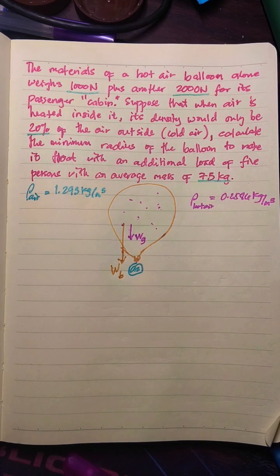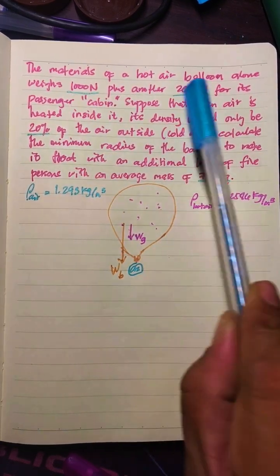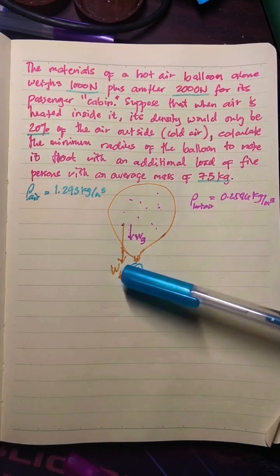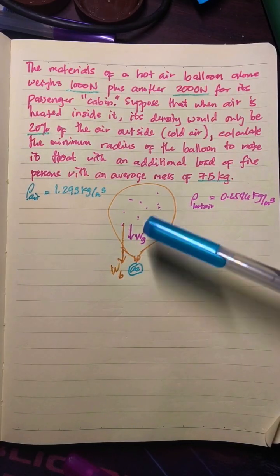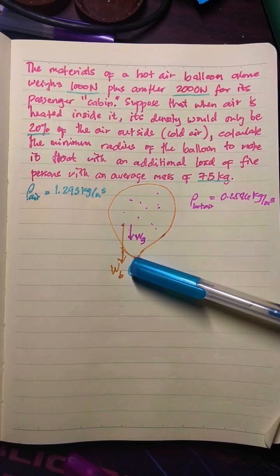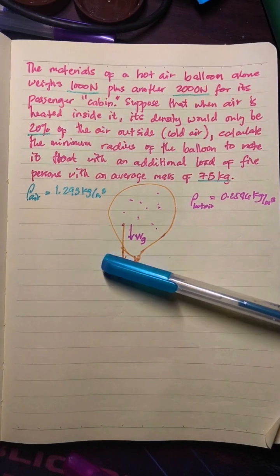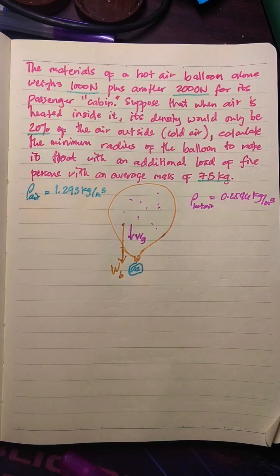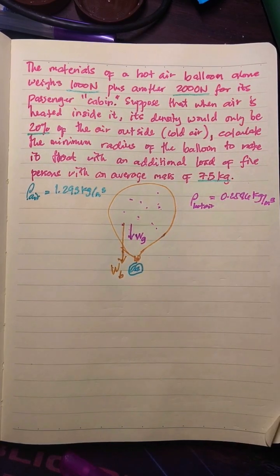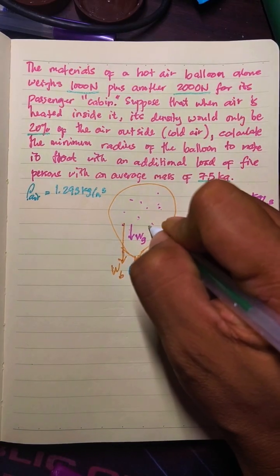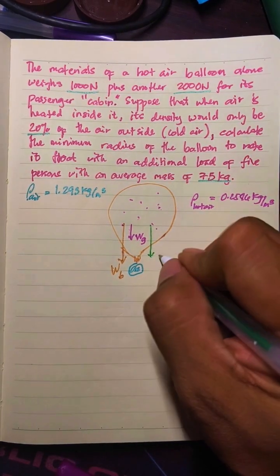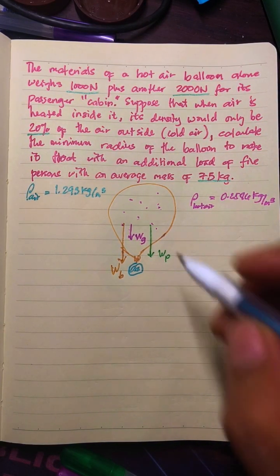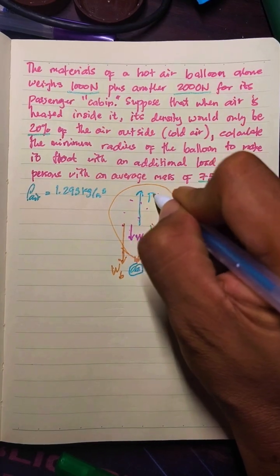We can actually combine the cabin plus hot air balloon to mean WB, the weight of the balloon plus the weight of the empty cabin. That would give us 1,000 plus 2,000 plus, of course, the weight of the five additional persons. This has to be countered by the buoyant force.